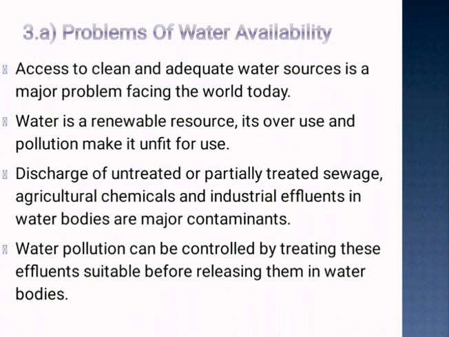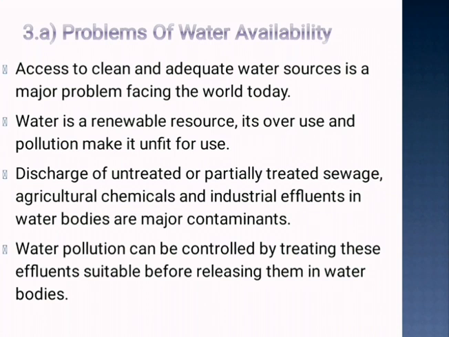Water is a renewable resource, but its overuse and pollution make it unfit for use. Discharge of untreated or partially treated sewage, agricultural chemicals, and industrial effluents in water bodies are major contaminants.